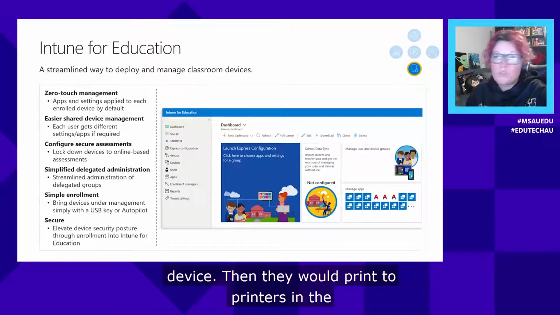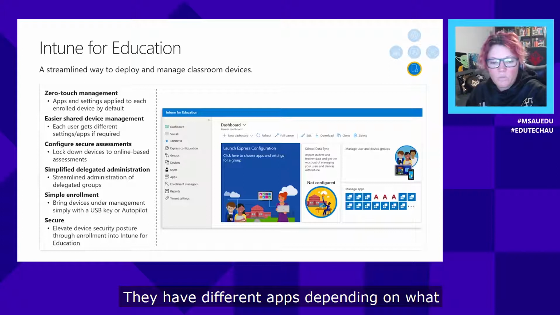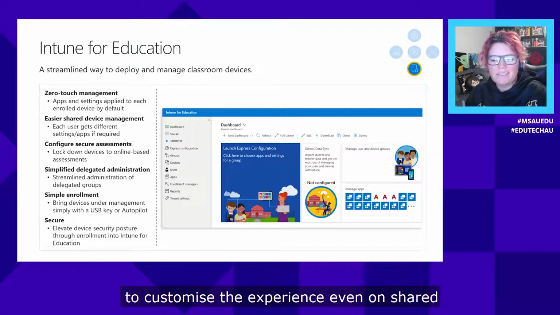Then they would print to printers in the primary block, and perhaps they have some more settings enabled, for example, cameras. They have different apps depending on what grade they're in as well. So it really does allow you to customize the experience even on shared devices.